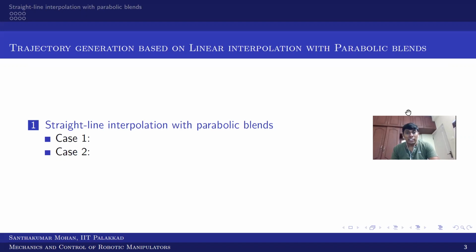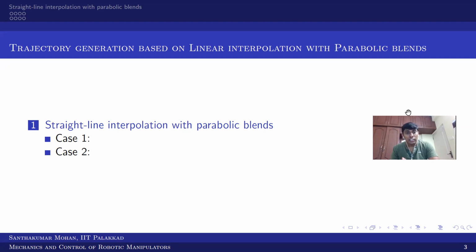Whereas the second case is slightly different: we can choose the blend time, or choose the velocity we want as the linear velocity, and then generate the blend. But the problem is you cannot choose the time in such a way that it goes beyond half of the total time. Similarly, the velocity should be a little higher than the mean velocity, right? Then only you can do it.